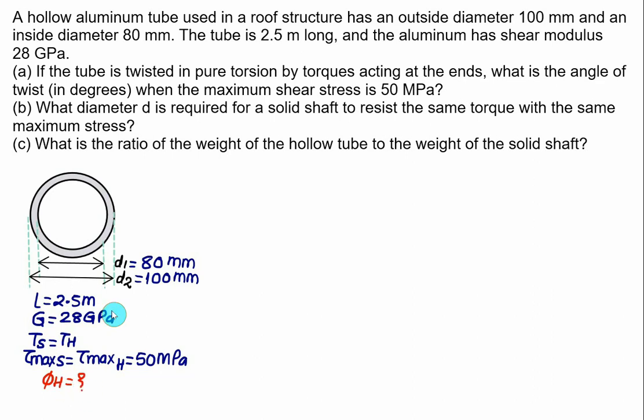Then we need to calculate the diameter D for the solid shaft, that is ds. And finally you have to calculate the ratio of the weight of hollow to the weight of solid. So these three values you have to calculate.